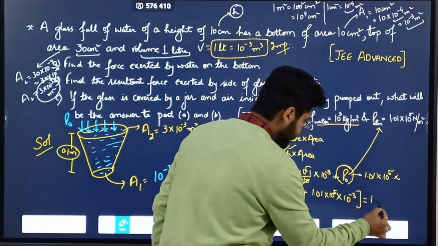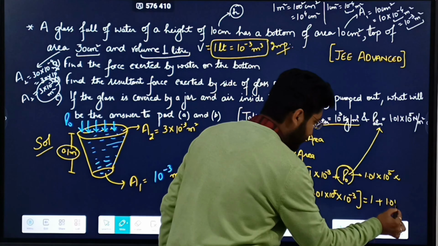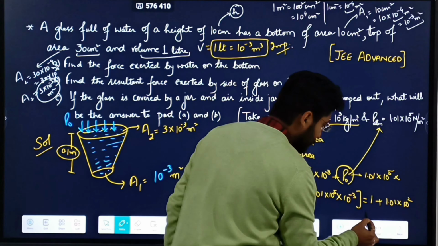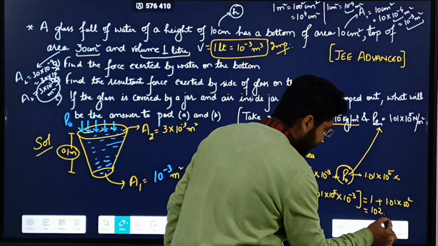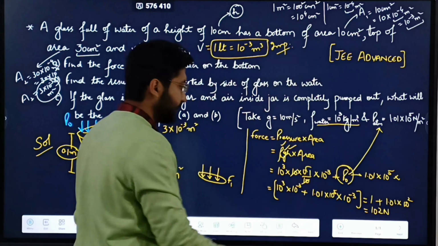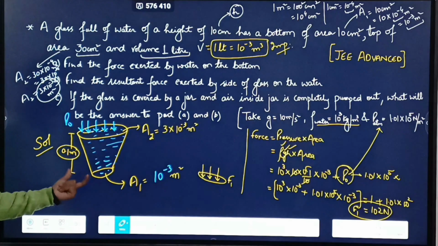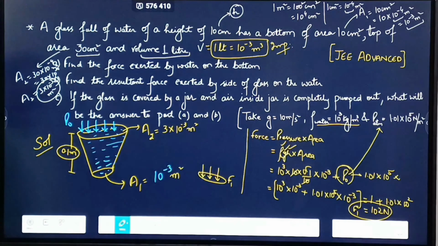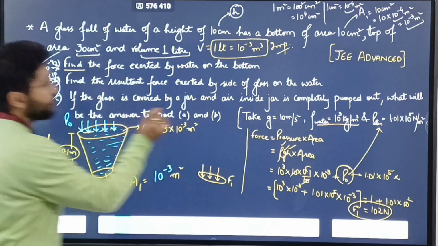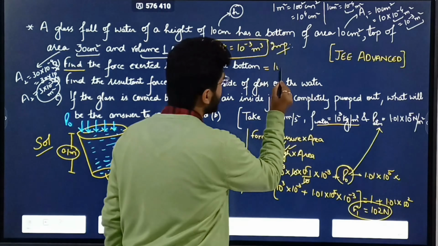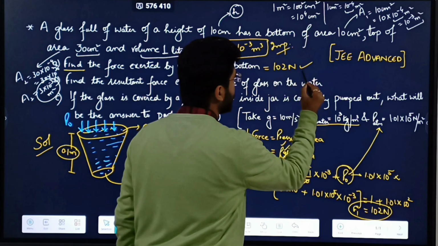This becomes 1 plus 1.01 into 10 raised to power 2, and the answer comes to be 102 Newton. And this is the force which is F1, which will be acting on the bottom surface of this glass, and this is the answer number 1. So the force which comes to be at the bottom is 102 Newton.